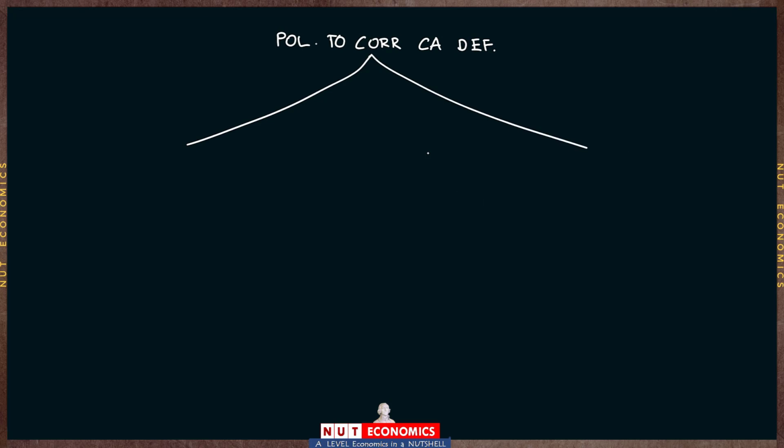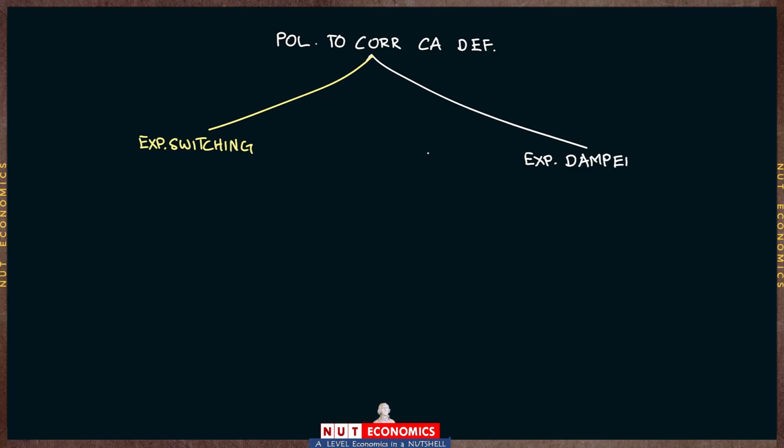On the one hand you have expenditure switching policies, meaning you want to switch expenditure, and I'll explain what that actually means. And on the other hand you have expenditure dampening policies.